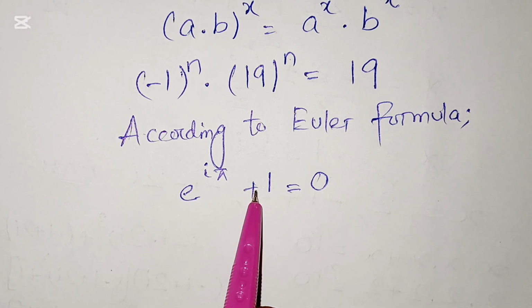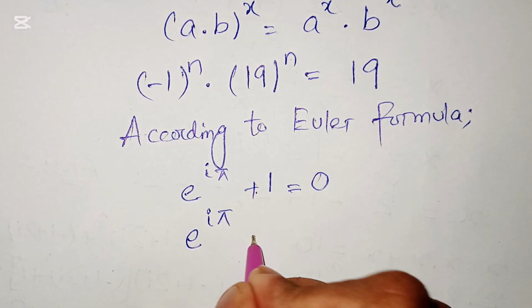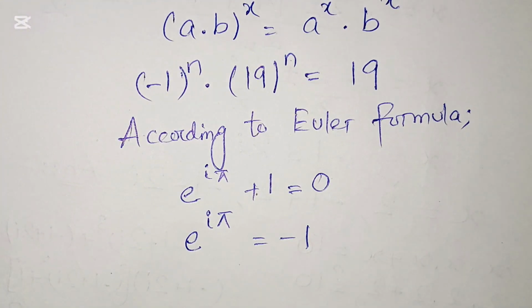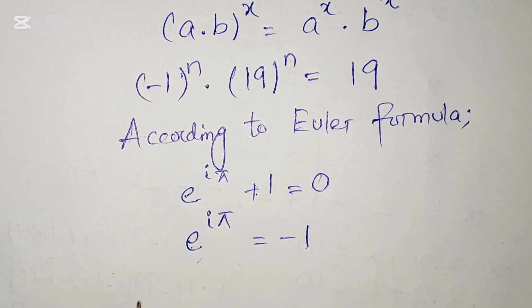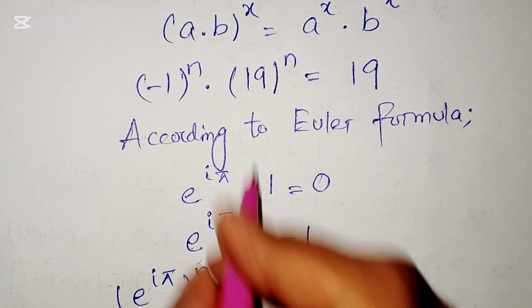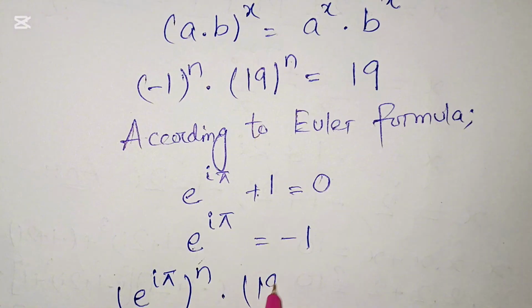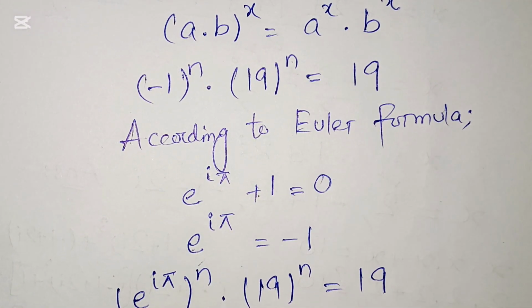Now we'll subtract 1 on both sides. We get e raised to the power i pi equals minus 1. So this minus 1 is replaced by e raised to the power i pi whole power n times 19 power n is equal to 19.